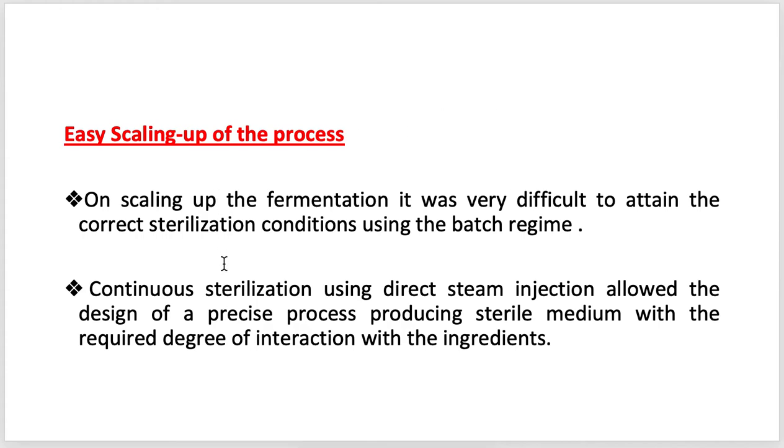But in case of continuous sterilization, especially when we use the direct method, that is when we directly inject the steam into the media, it allows the design of a precise process, producing a sterile medium with the required degree of interactions with the ingredients, and these methods are easy to scale up. Because in this case we directly inject the steam into the media, it is very easy to calculate how much steam we have to inject to do the sterilization.